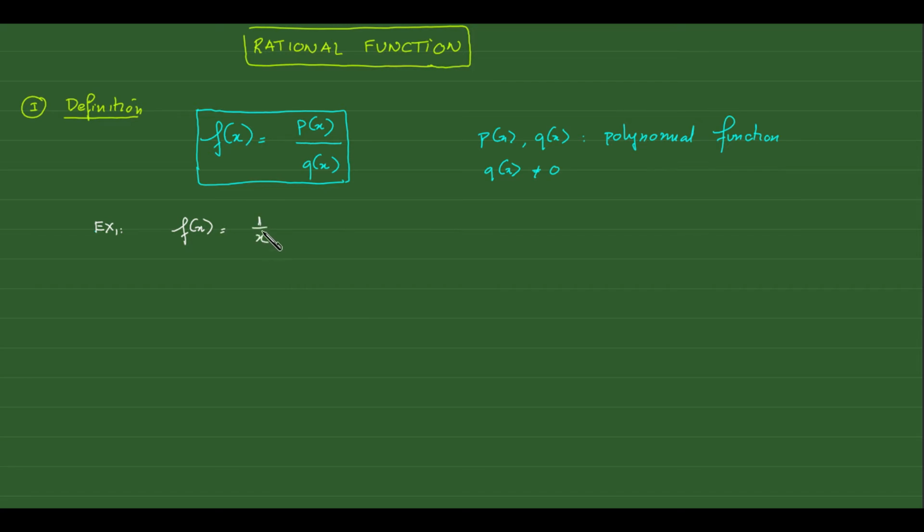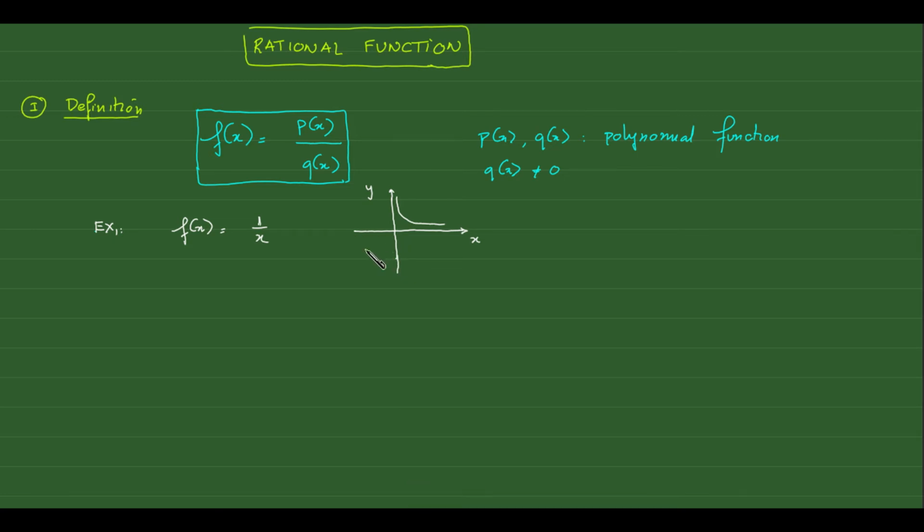This is a very simple one, and this is a rational function. The graph of this function I already introduced in the lecture when I first introduced functions. The sketch of this function will be something like this: one branch over here and the other branch over here, with x here and y here.